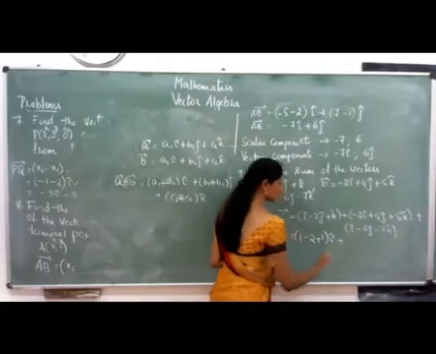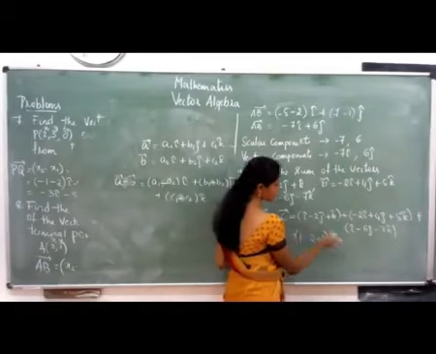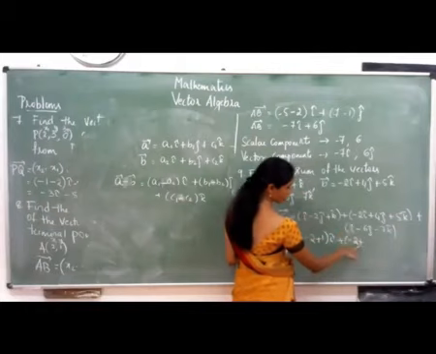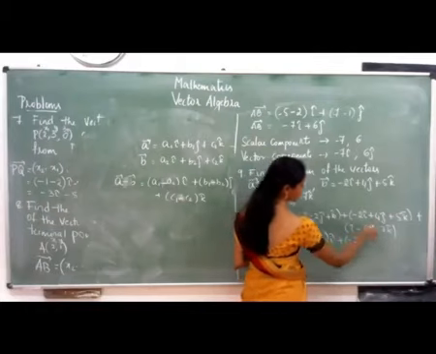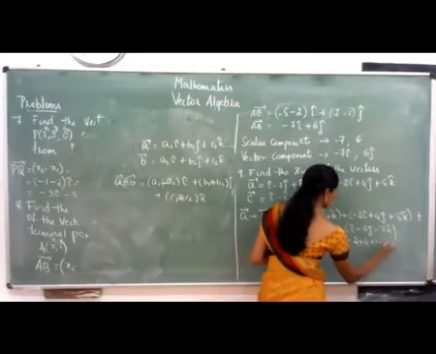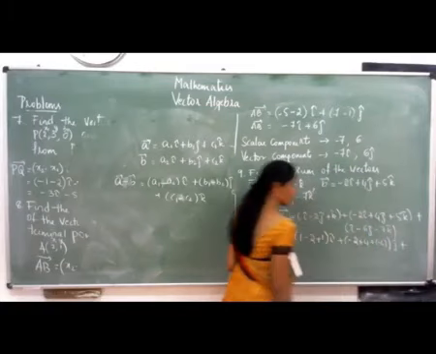Then plus, adding all your j components, that is -2, plus 4, plus -6 into j cap.